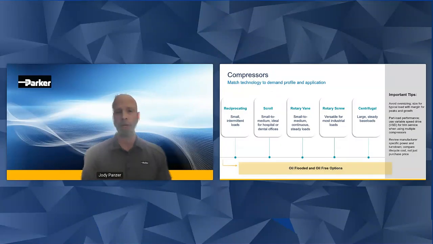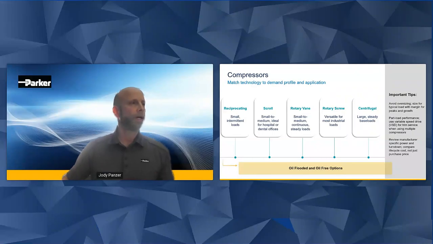Then we have scroll compressors. Very quiet and oil-free, they use spiral scrolls to compress the air. Very good for HVAC systems, dental offices, very small loads, and some healthcare. Rotary vane, small to medium, good for continuous loads. Then rotary screw compressors, which are going to be the most common compressors found.